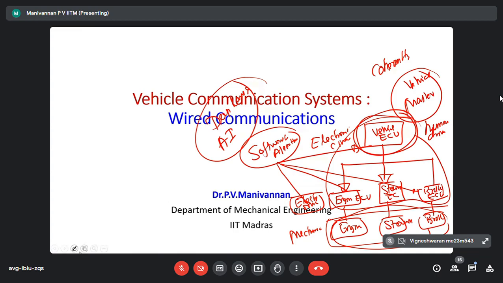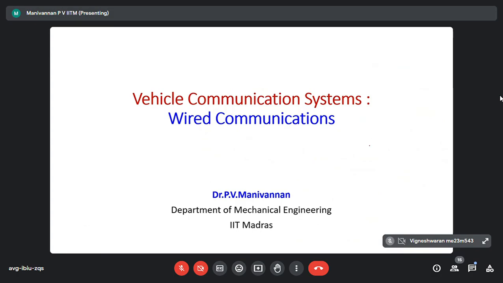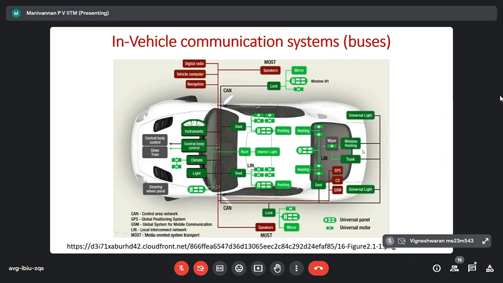Now from this, what you understand is, one more thing I will just add. We'll see it in the next slide itself. Okay, this is a typical vehicle, correct? A typical high-end vehicle. We are talking about a car maybe costing 50 lakhs to 1 crore, not a 10 lakh car, a 50 lakh car. In a typical high-end vehicle, there may be 20 to 40 ECUs, electronic control units.